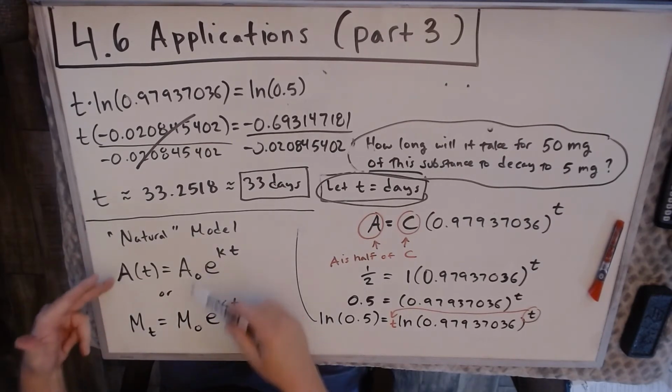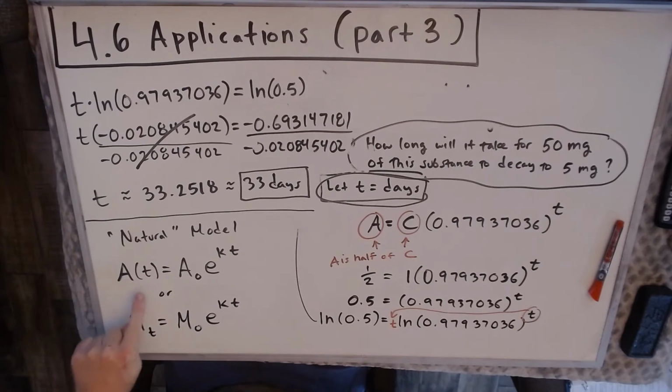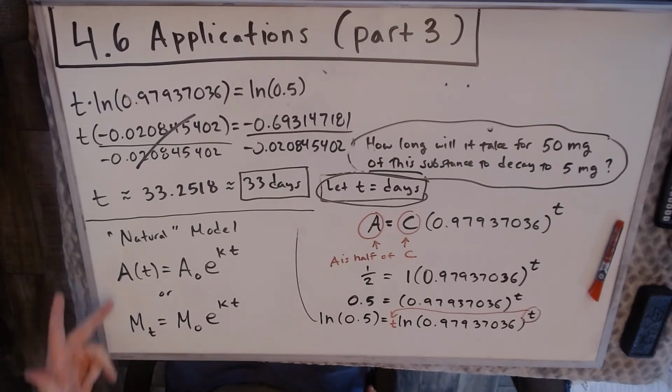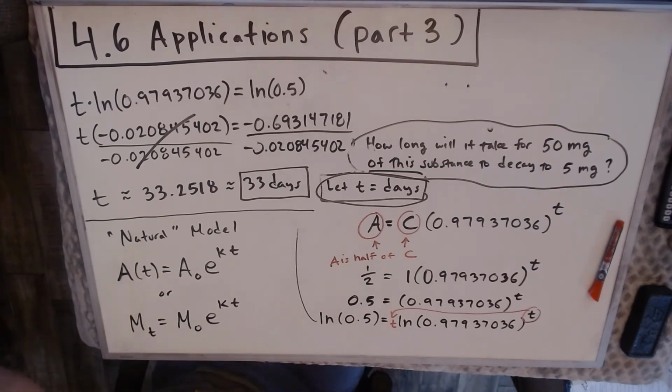It doesn't matter. These formulas mean the same thing. This would be the function notation using A for amount, and this would be the subscript notation using m for mass. Amount, mass, it really makes no difference.